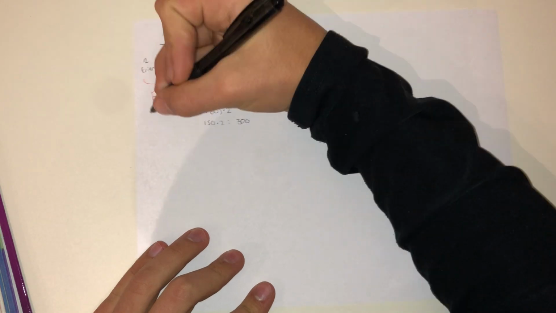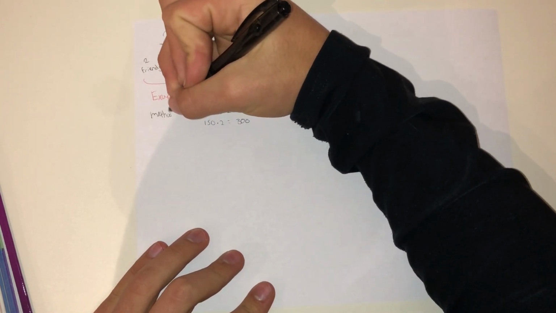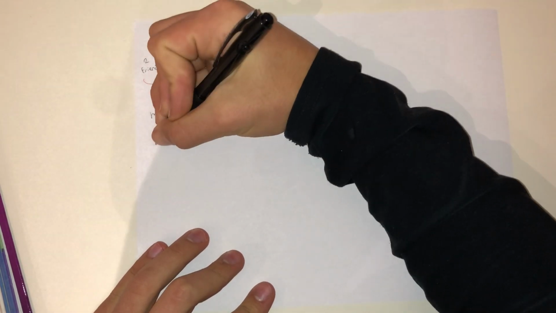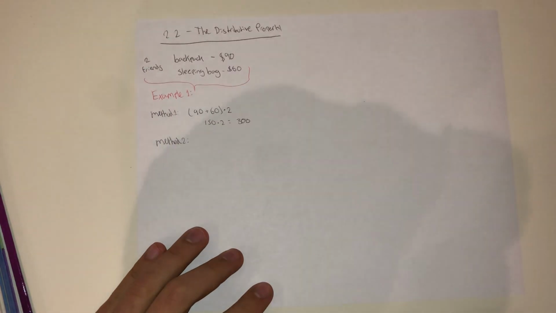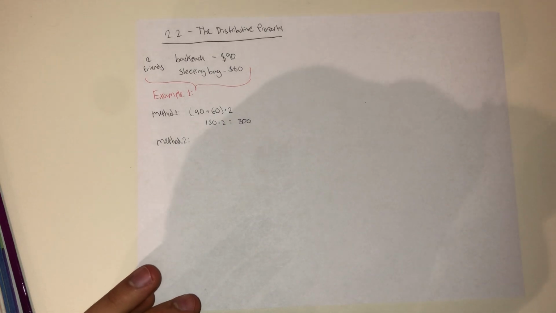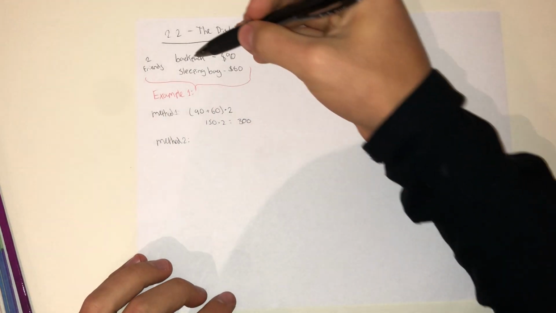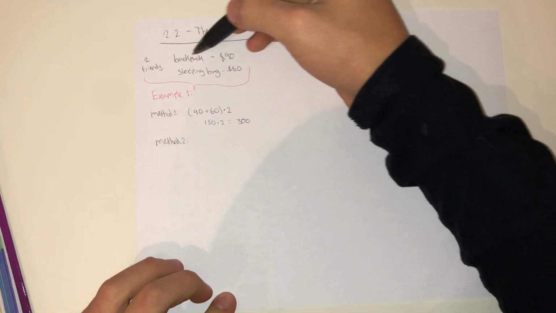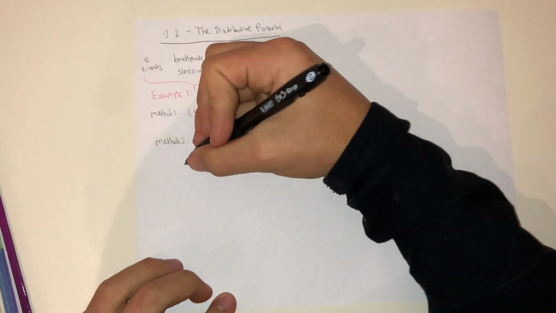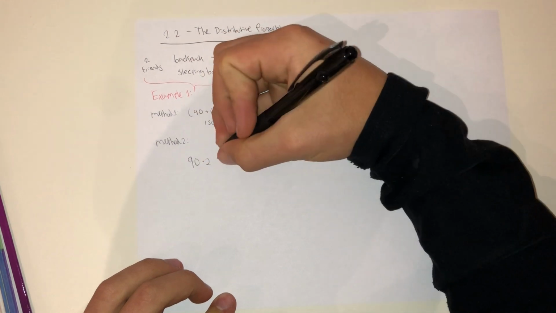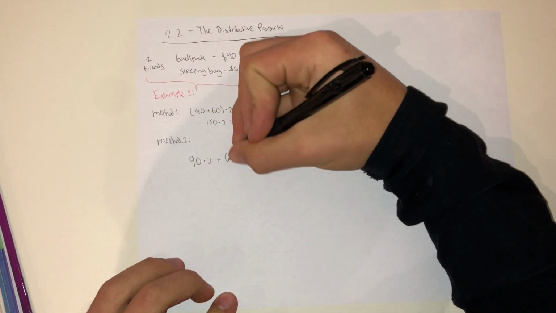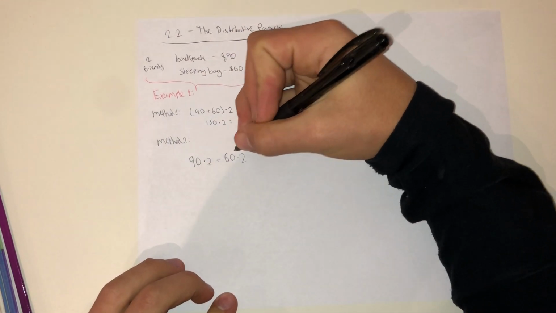This is method 1. Or you could do method 2, which is to find the cost of two backpacks and the cost of two sleeping bags. Since there's two friends, there's two backpacks and two sleeping bags. So 90 for one backpack times 2, plus 60 for the sleeping bag times 2.